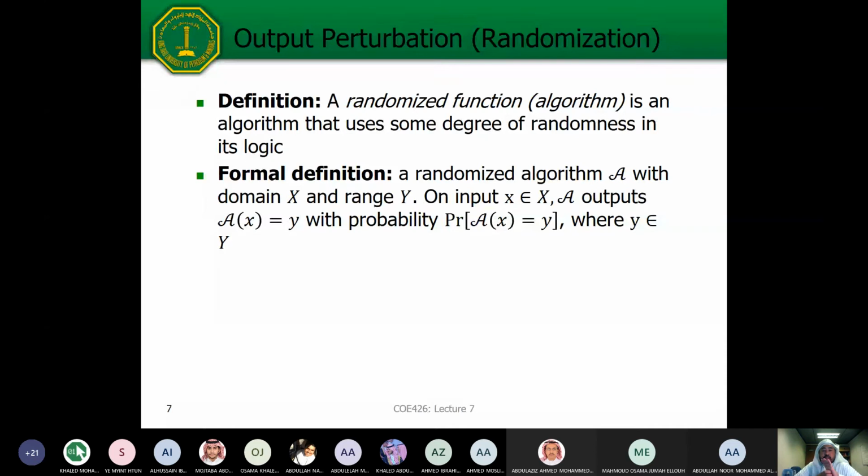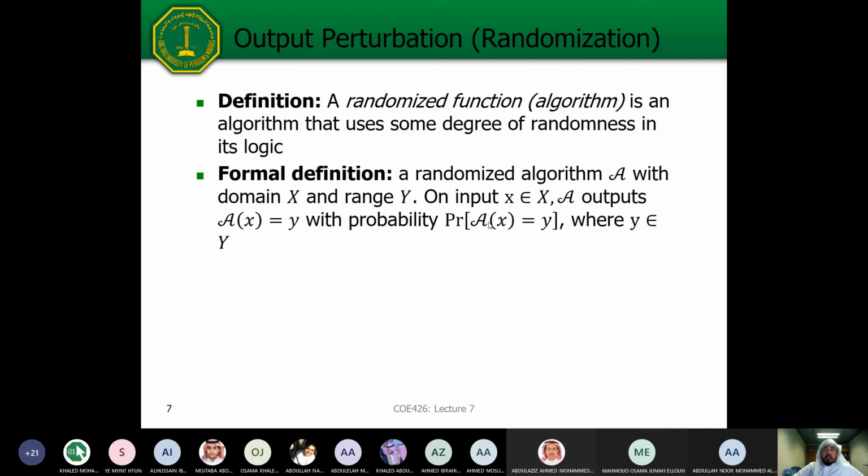Again, this is very simple algebra and calculus, but it's really important to understand it here, because what x is in this randomized function is the set of databases, or the set of neighboring databases that we have, D and D prime 1 and 2 and 3 and so on.